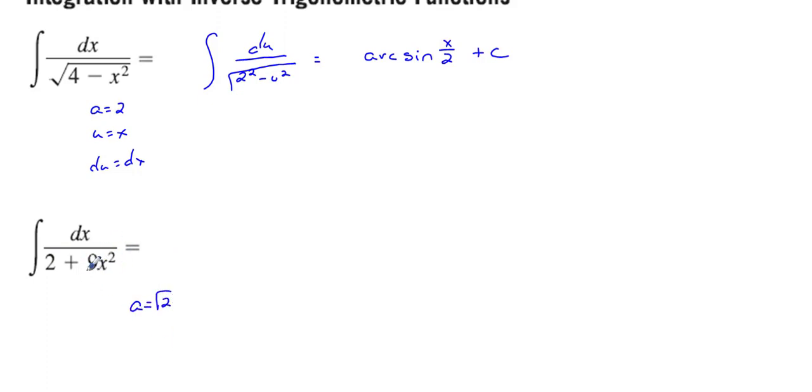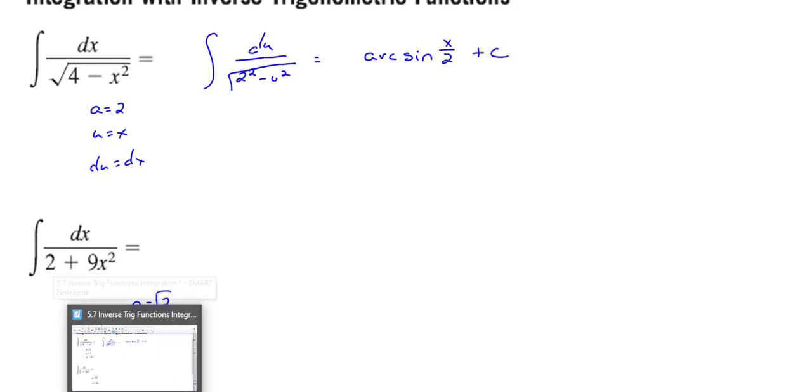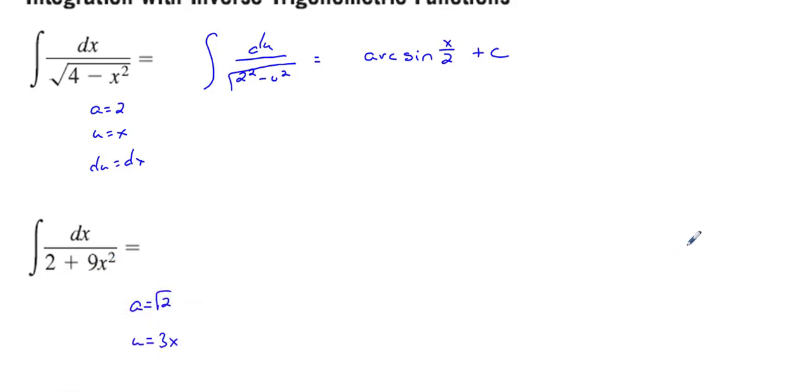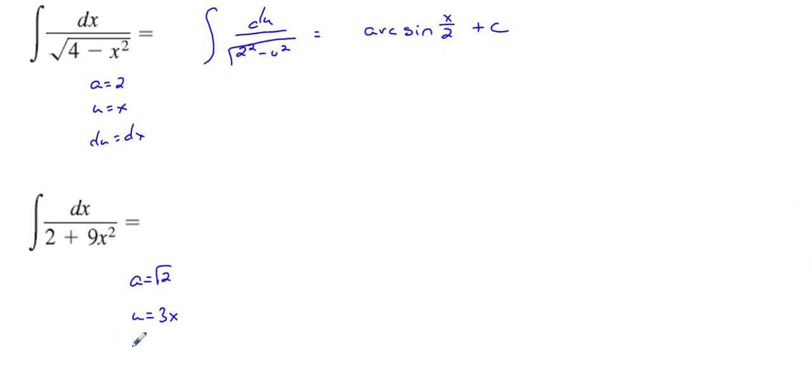This is u squared, so u would be, if I take the square root of 9, that's 3, and the square root of x squared is x. Then du equals 3 dx, and so 1/3 du equals dx.